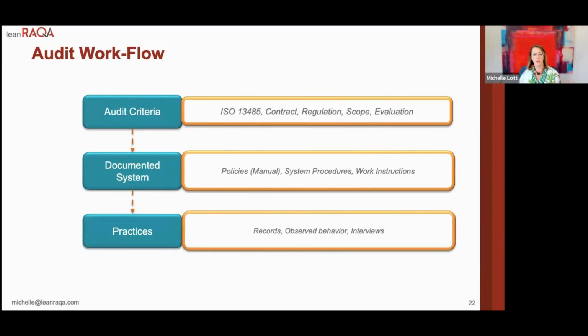Then they move into practices, and this is where your records and observed behavior and interviews come in, and they're gathering their objective evidence about whether or not you fulfill first your own procedures, and then if your procedures fulfill the audit criteria. So it's a flow down, and then they link it all back up.